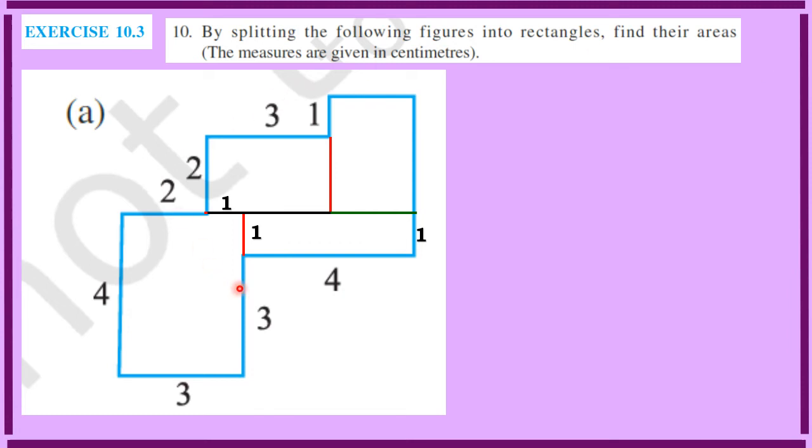But in that, this portion is 1, so how much will this small piece be? That will be 2. Now this total is 4. So this is 2, which means this other half also will be 2. Clear? Understood? Observe it. Now this is 2, so this also is 2.